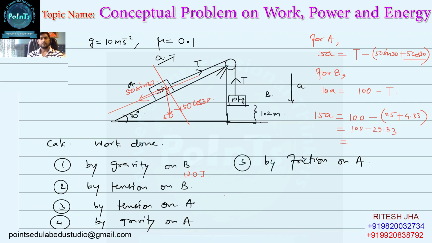Our second equation, of course, will have to be, did you already do all the math? No, I'm doing the maths. Okay, you can go ahead. I was thinking just create a simultaneous equation. For B, it's going to be 10g minus F_T, so 10 times 10, 100 minus F_T is equal to 10a.